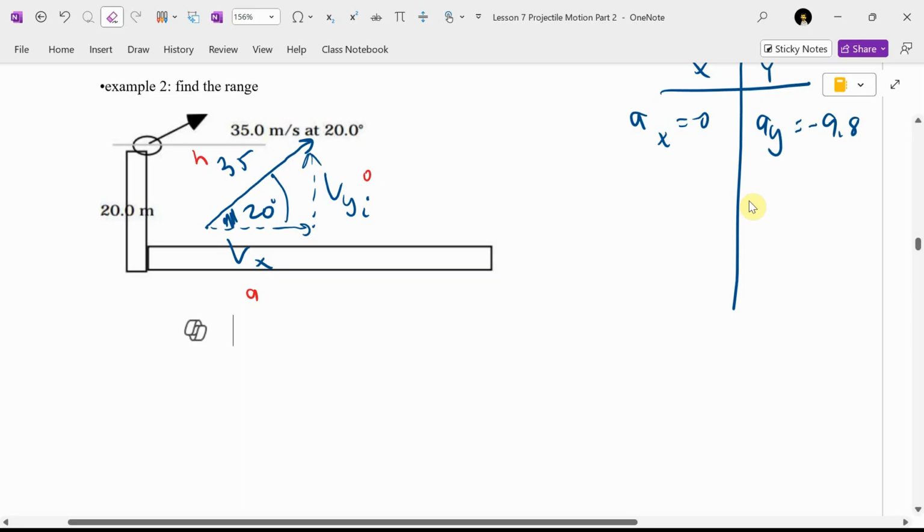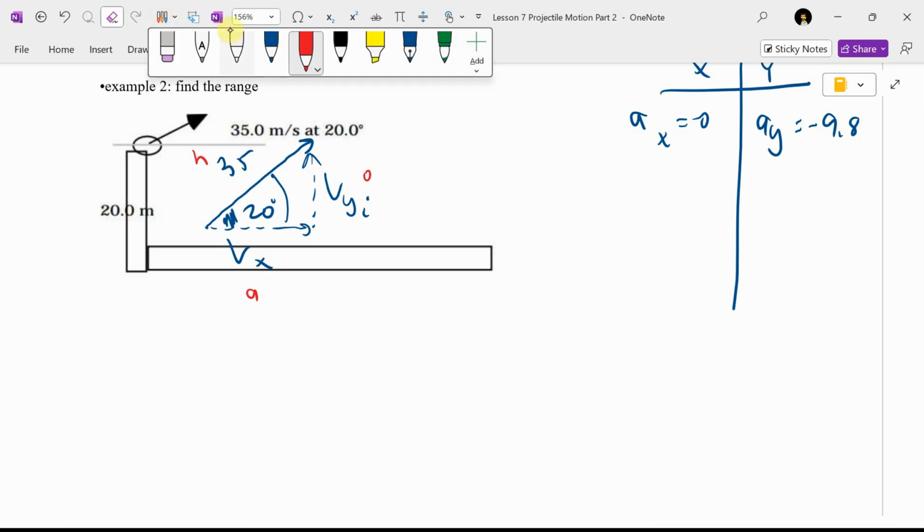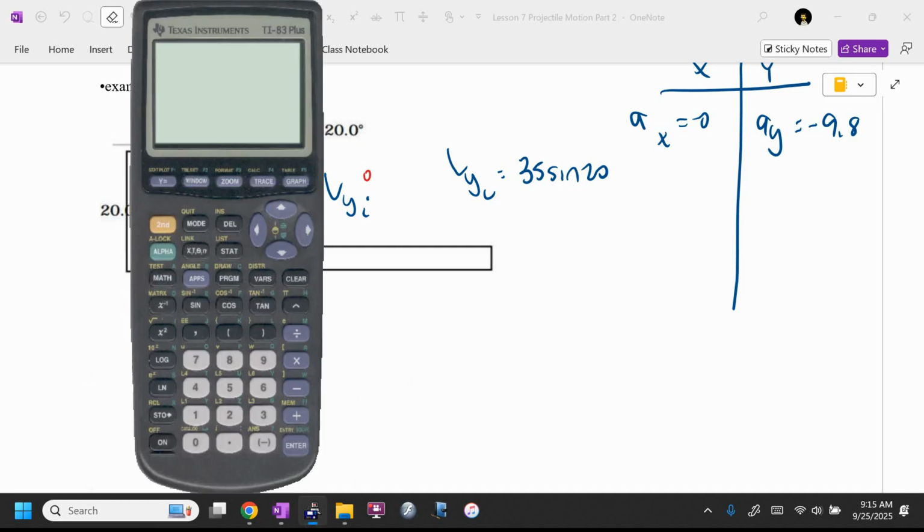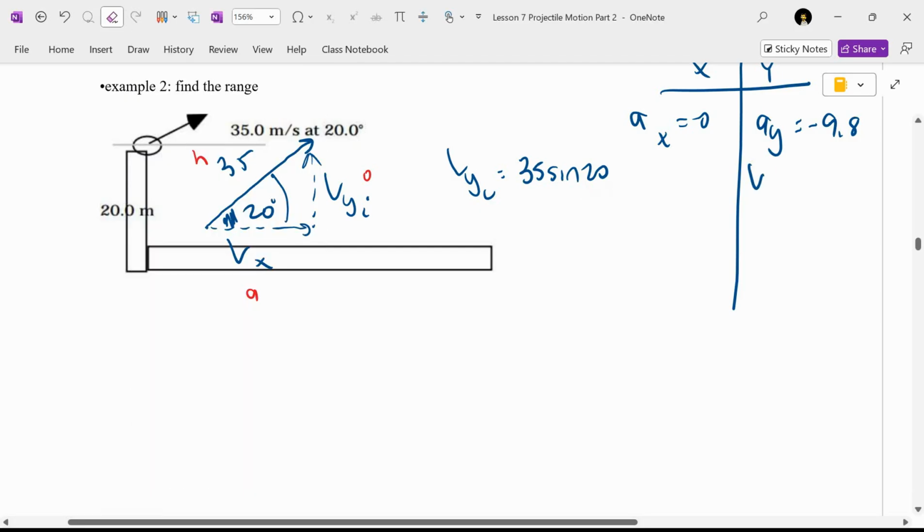Which means if I'm feeling particularly bold, I can just say right away, hey, I know Vy is going to be 35 sine 20. I can type that into my calculator right now. 35 sine 20. And I can say Vy initial is going to be 11.971.